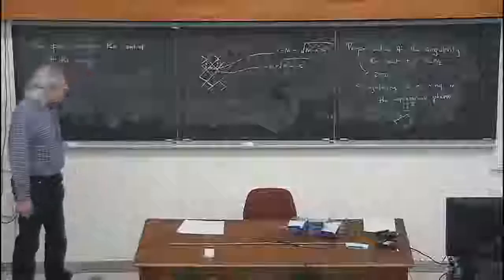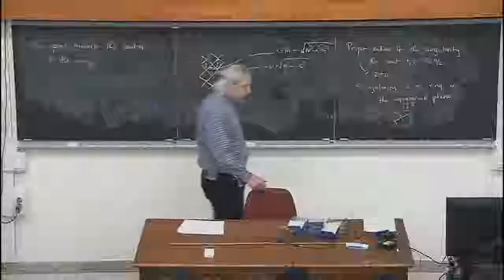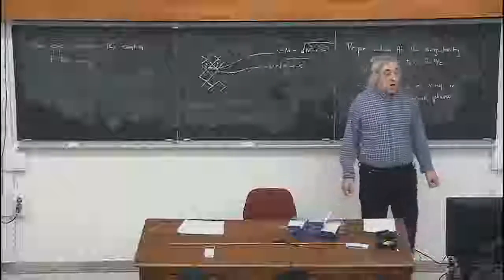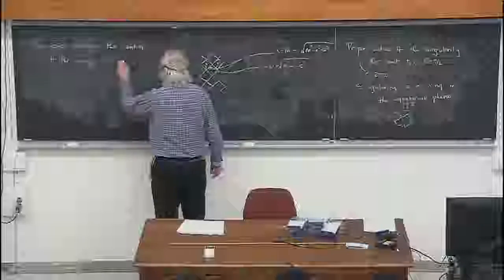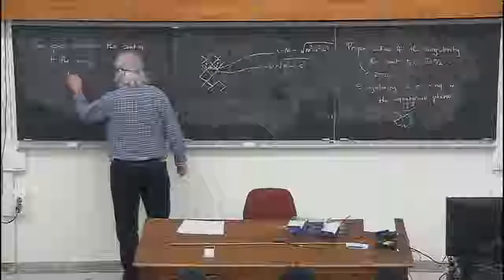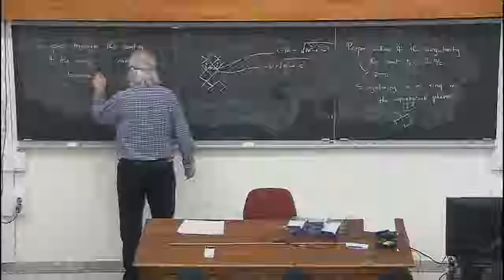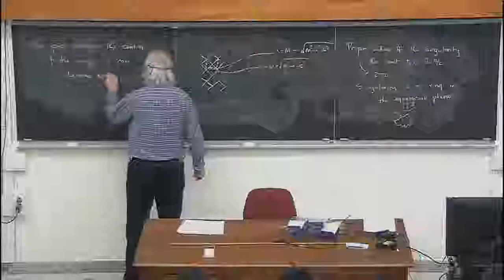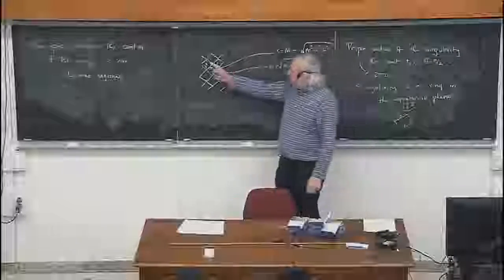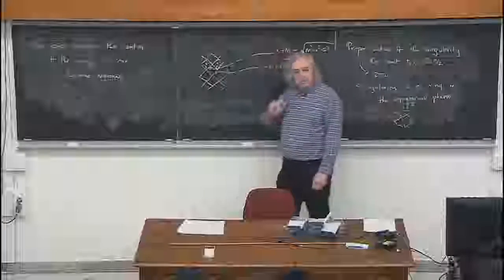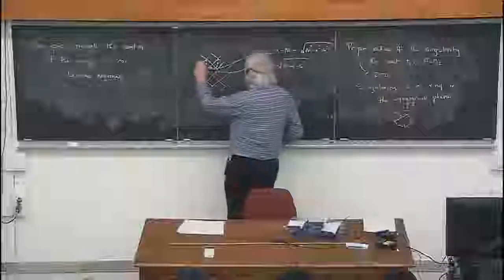And unlike what happens in spherical polar coordinates or the Reissner-Nordstrom or Schwarzschild solutions, r can become negative. That's why I've drawn this region out here, where r is negative.